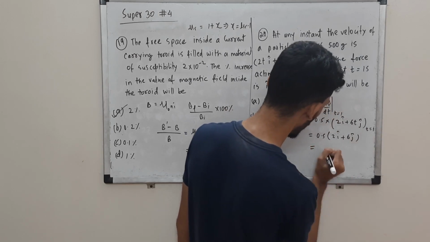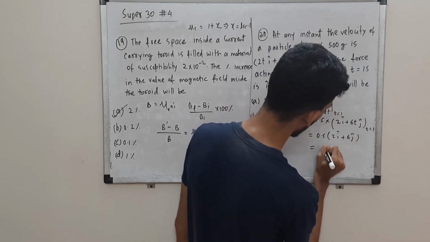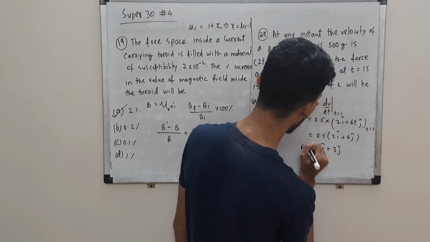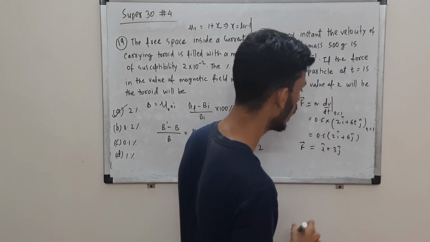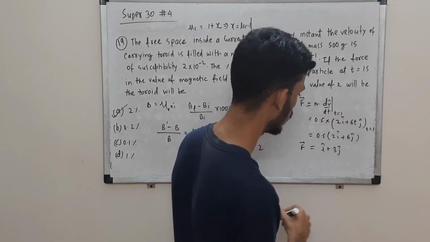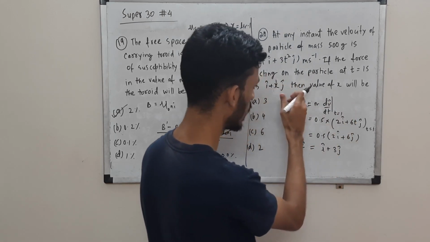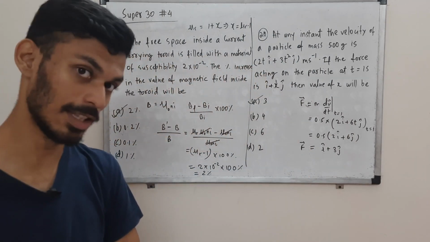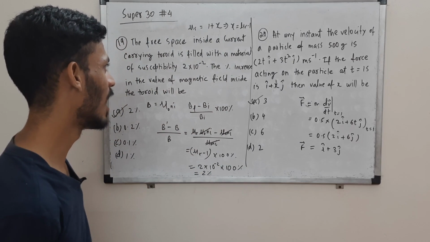If you open that up, this is basically half, right? So this will become I cap plus 3 j cap. So this is the force that we want. Comparing with I cap plus x j cap, x is nothing but 3, option A. So that is our question number 20.